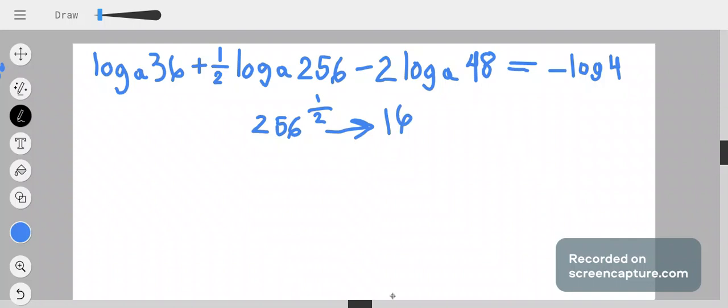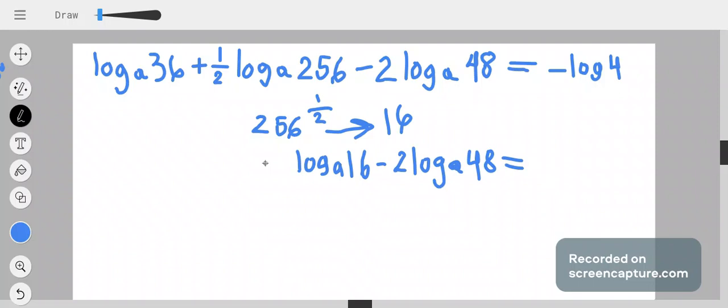And it would give you 16, so it would be written as log A 16 minus 2 log A 48 equals, and then we can just bring that down.